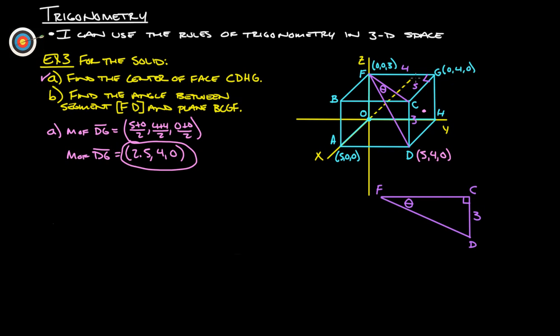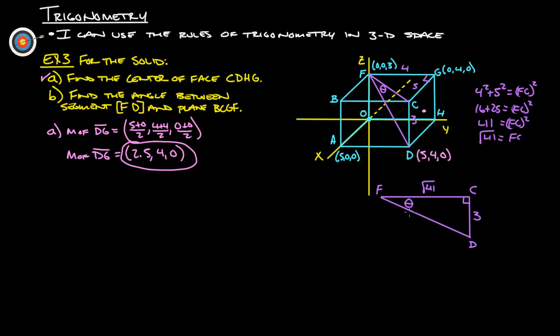To figure out this FC length, we just want to do 4 squared plus 5 squared to get us FC squared. So that's 16 plus 25, which is 41, is FC squared. So that means that FC is going to be the square root of 41, right?